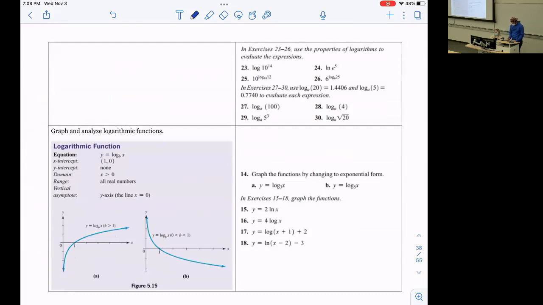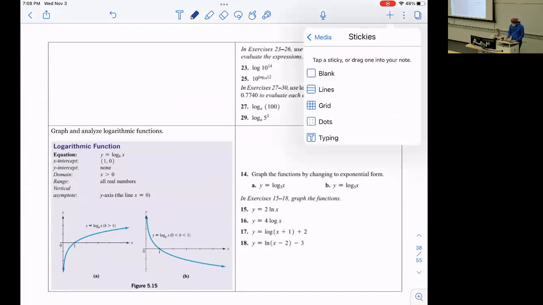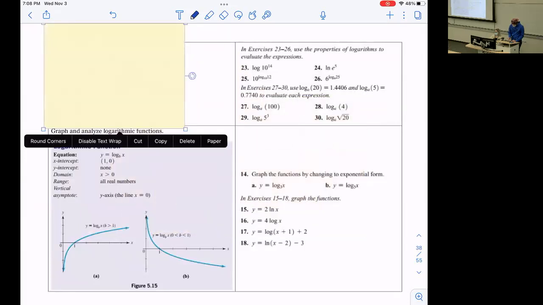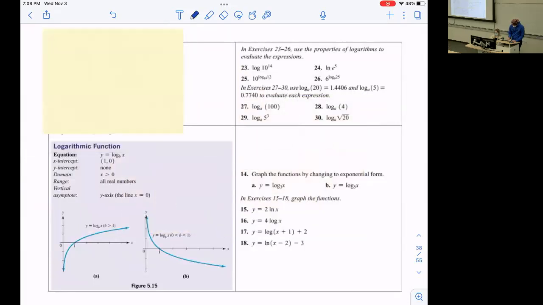So we have y is equal to ln of x minus 2 minus 3.